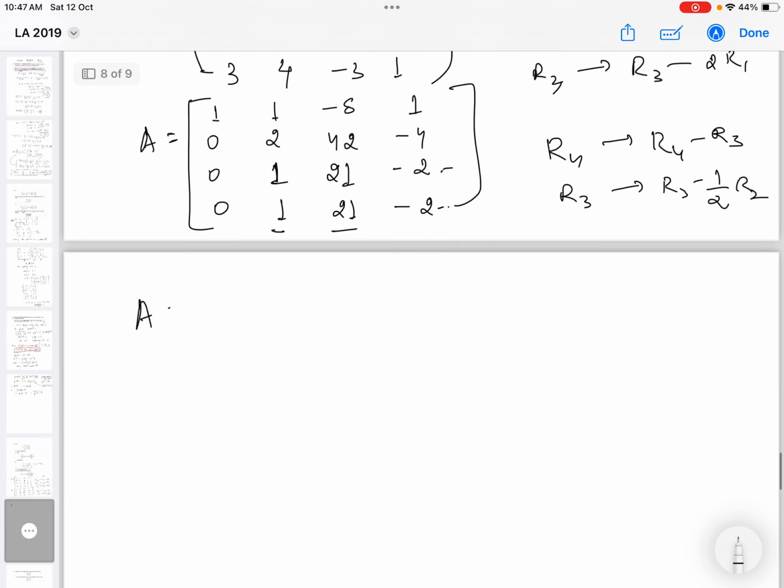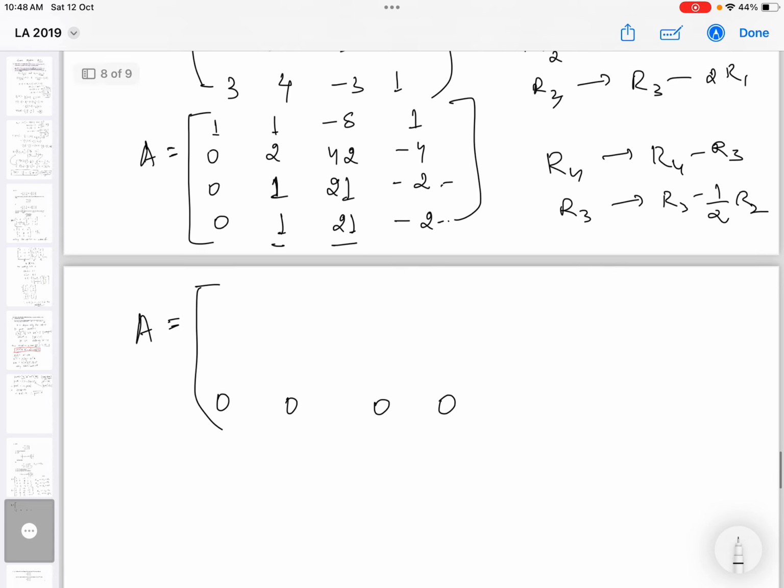So since we are able to see here, that's why it is easier for us to reduce the elements to 0.